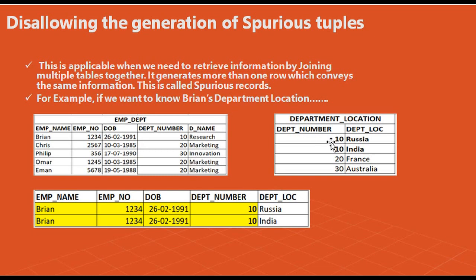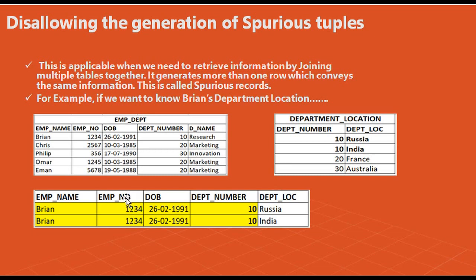Now if we join these two, you will get two records where department location information will be conveyed for sure, but I'm going to repeat these four attributes, employee name, employee number, date of birth and department number, multiple times, which is unnecessary. I don't need these four attributes to be repeated again and again. Now let's consider a large scale. A particular department may be operated from hundreds of cities.